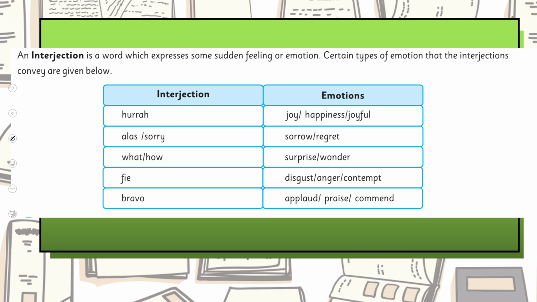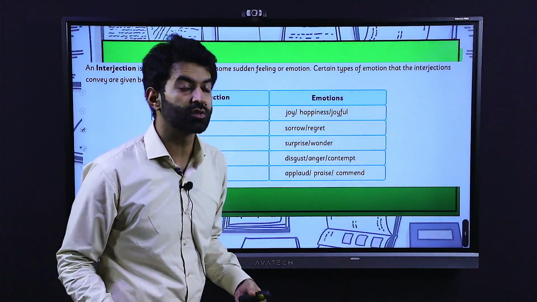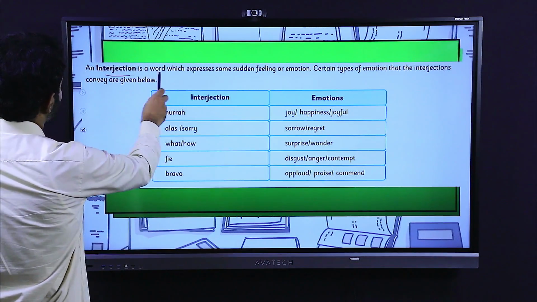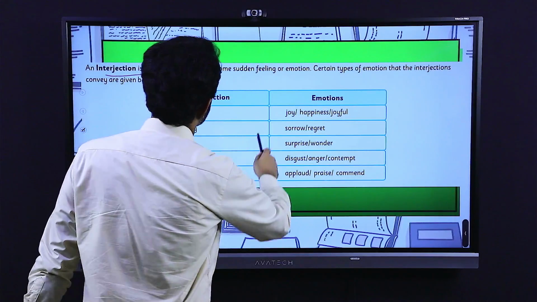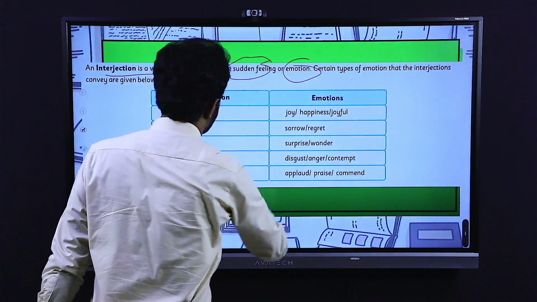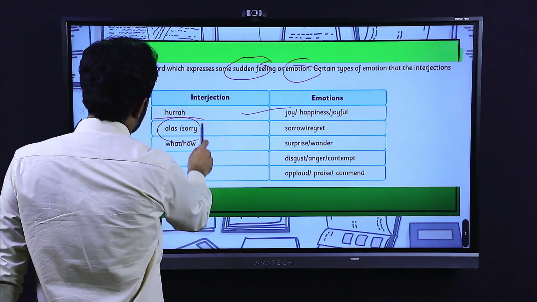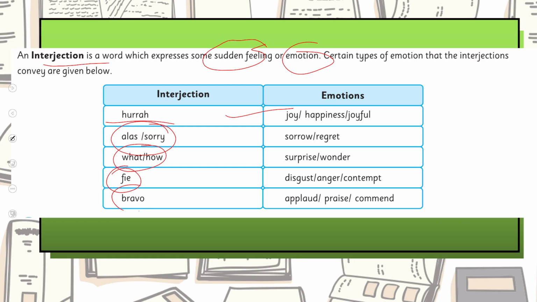All right, let's talk about interjection. All these words that we use for showing emotions or disgust, etc. An interjection is a word which expresses some sudden feelings or emotions, as you can see. Hurrah is used for joy or happiness. Alas, sorry. So what you're going to do is convert them accordingly into these words.